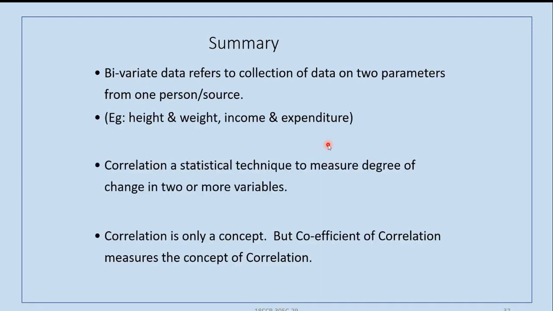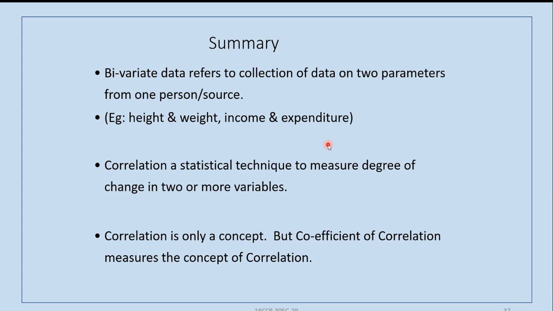Now we will summarize this lesson. Bivariate data refers to a collection of data on two parameters from one person or source, that is height, weight, income and expenditure, etc. Correlation is a statistical technique to measure the degree of change in two or more variables.